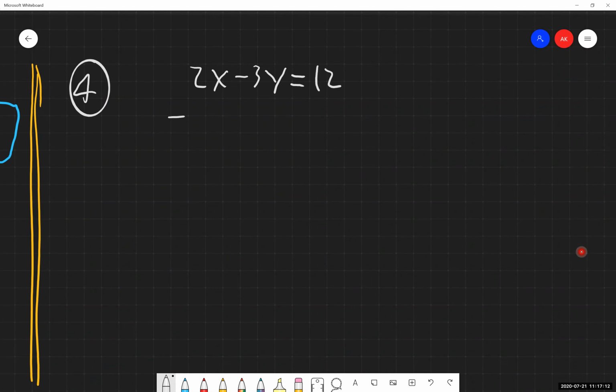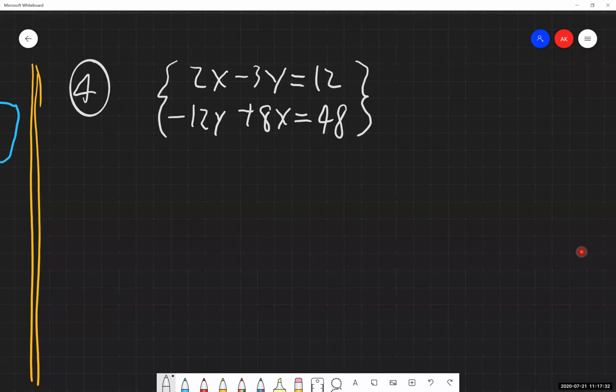Then we have negative 12y plus 8x is equal to 48. It's going to be our first equation, our second equation we have there.